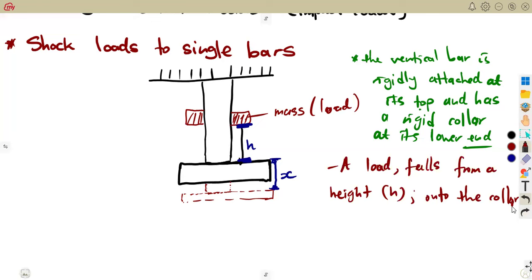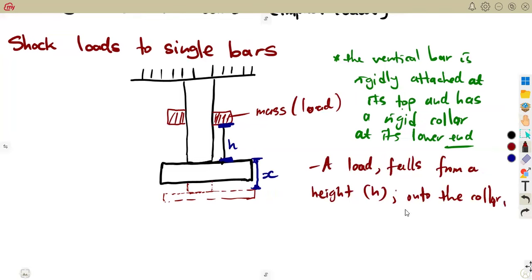This is A there. So as it falls onto the collar, we saw that it causes what? An extension there. It causes an extension X.